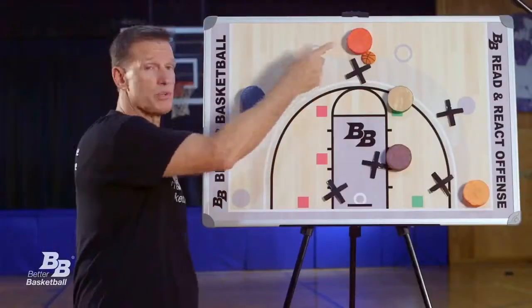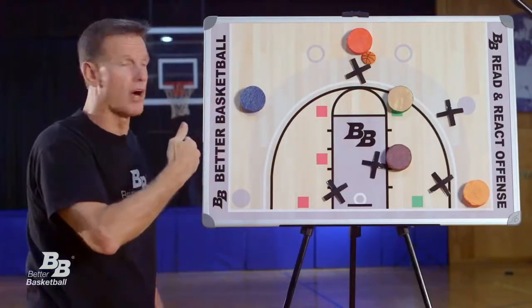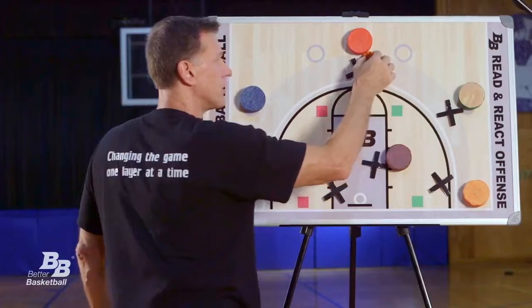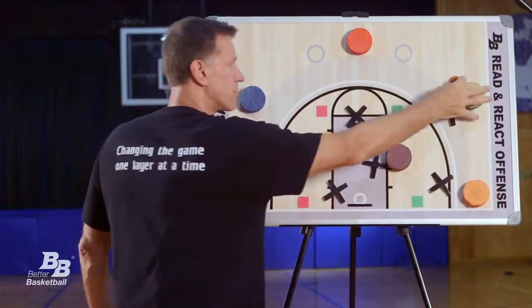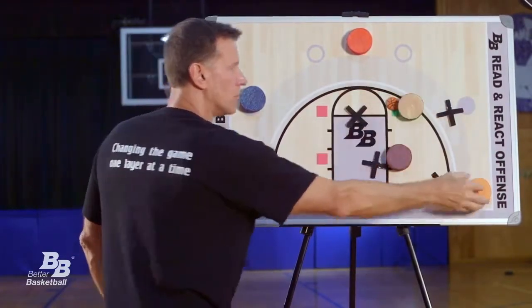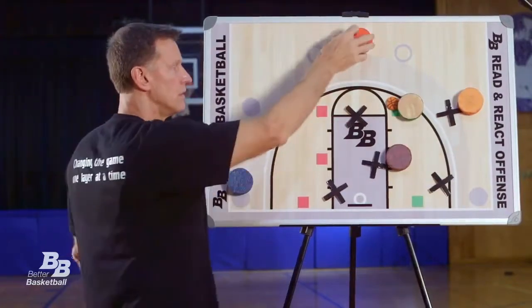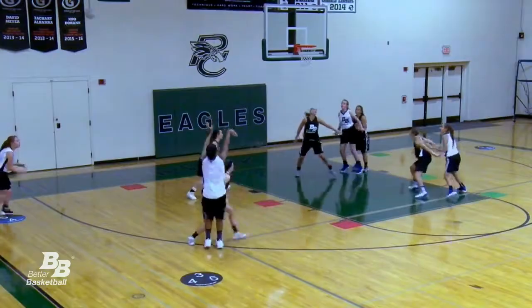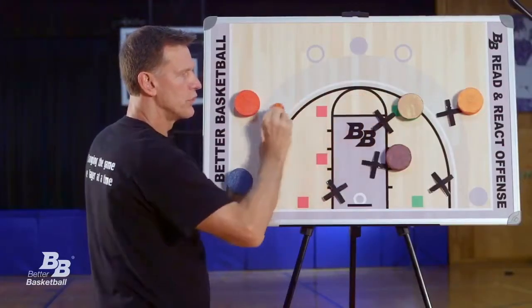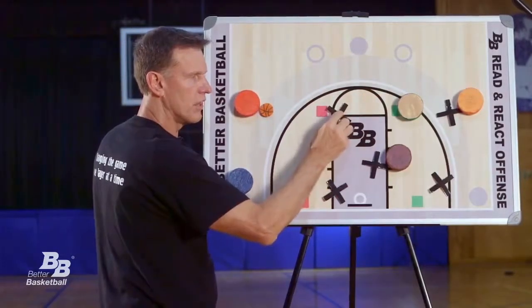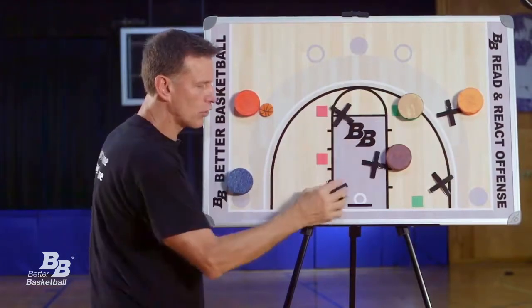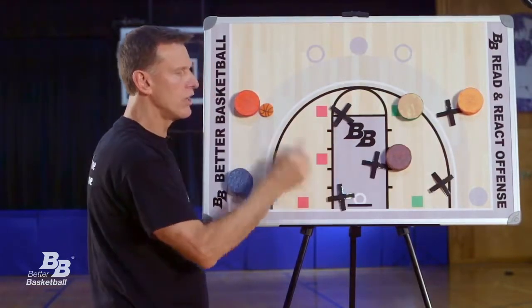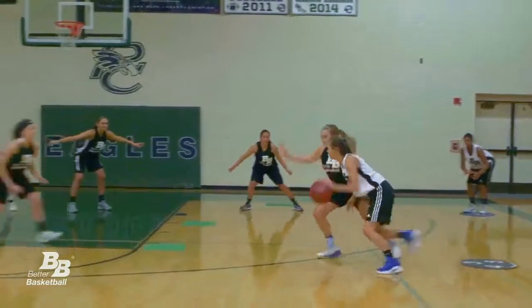But if this potential receiver moves one spot in the direction of the drive, like this, circle movement by everyone, then it not only doubles or triples the recovery distance of this defender, but it also creates confusion about who's going to take the ball.